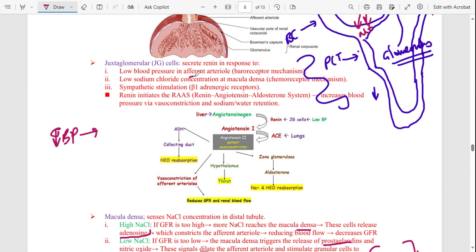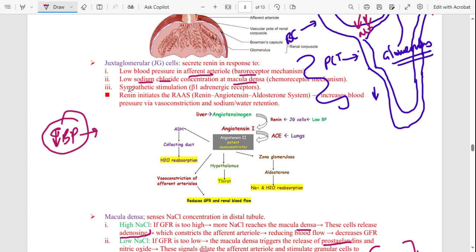Specifically the afferent arterioles, remember that's where the juxtaglomerular cells are, have got baroreceptors. These are cells that sense pressure. Baro is pressure. They sense the pressure, and since the pressure is decreased in this case, that is going to stimulate something. But before I talk about what it stimulates, also when you have got low levels of sodium chloride, that is going to stimulate the macula densa cells, as we said earlier.